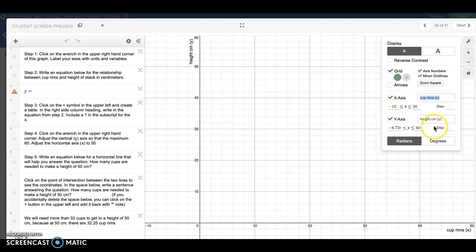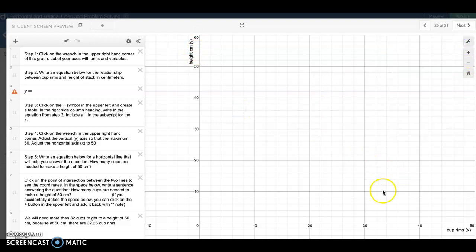This is the cup rims, and I've labeled it x, and also the height in centimeters is y. So that you can see that the axes are labeled. That's important for communicating if you use a graph in any of your math work.